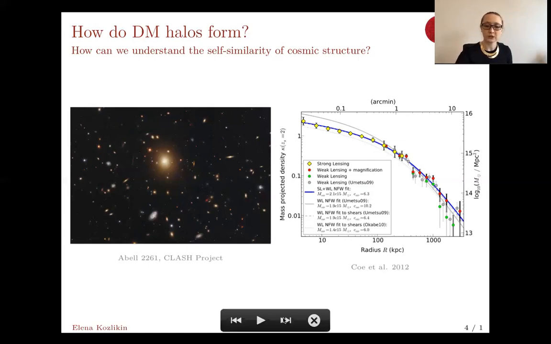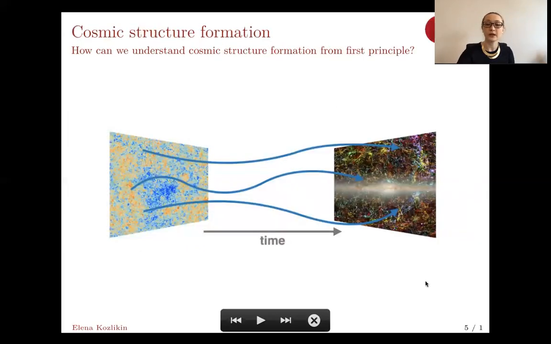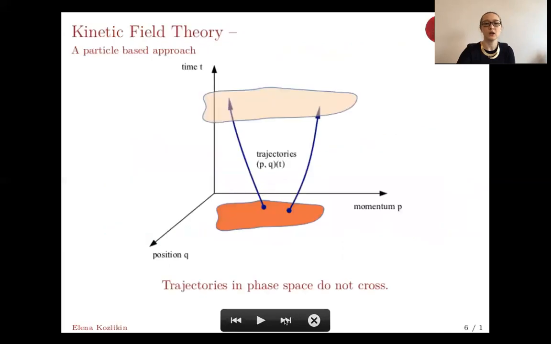The question that we address with kinetic field theory is, how can we describe the evolution of these tiny density fluctuations in the cosmic microwave background in the early universe to today's really nonlinear pronounced structures that we call the cosmic web? So how do we do this?